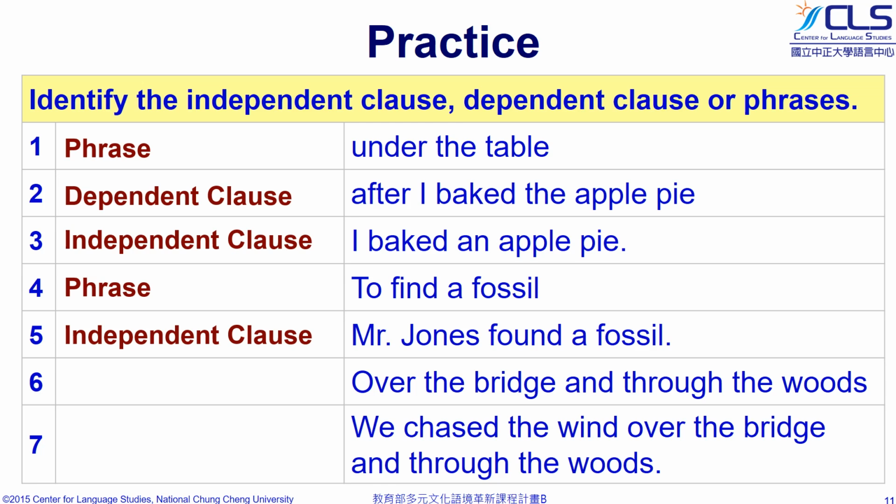Number 6 is a phrase, having no subject and verb in it. Number 7, it is clear that it has a subject and a verb, and it tells a complete idea. It is an independent clause.